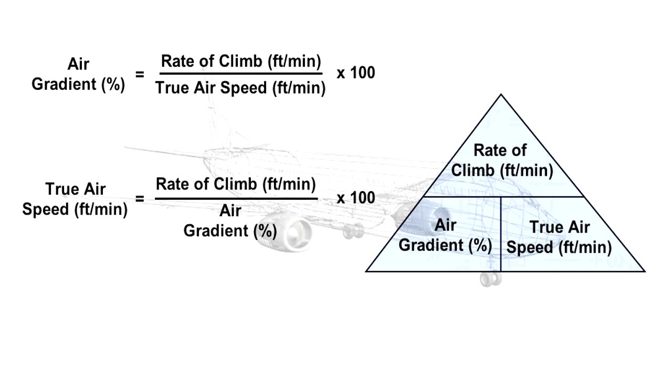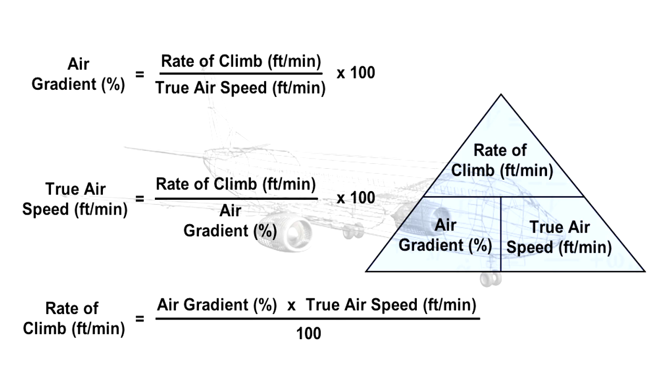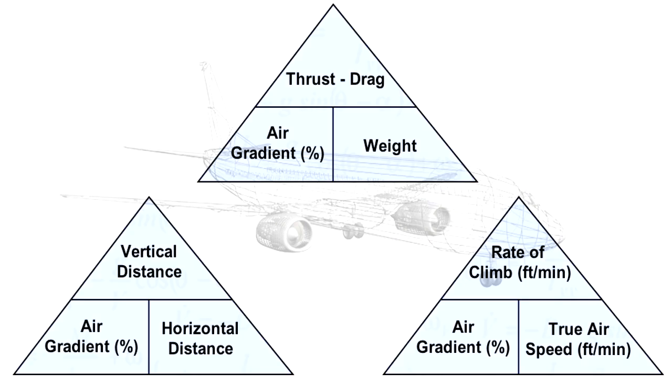Or if you were required to calculate the true airspeed, you would take the rate of climb and divide it by the gradient. Lastly, to calculate the rate of climb, take the gradient and multiply it by the true airspeed. Using these simple triangles to help you rearrange the formula can simplify the mathematical component of the JAA performance exam, and allow you to concentrate on the more theoretical performance aspects.